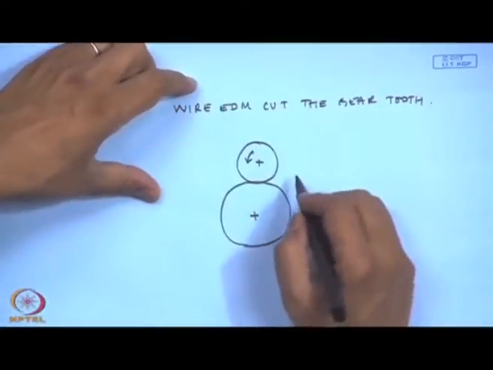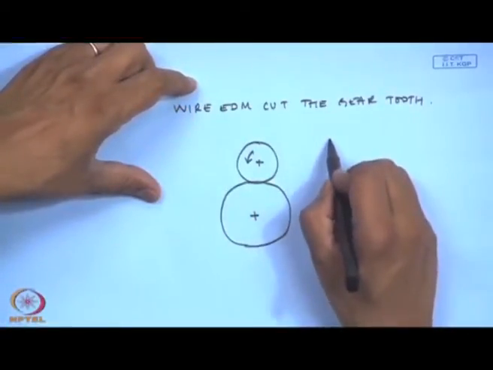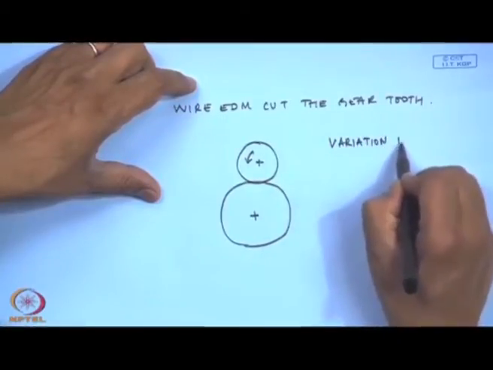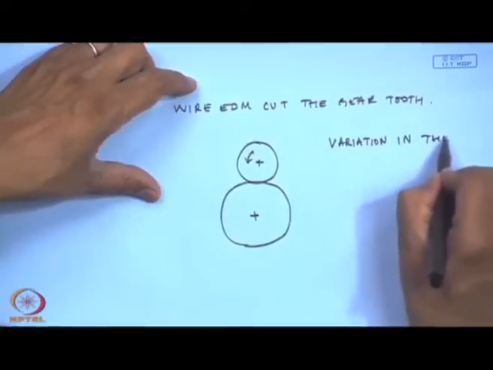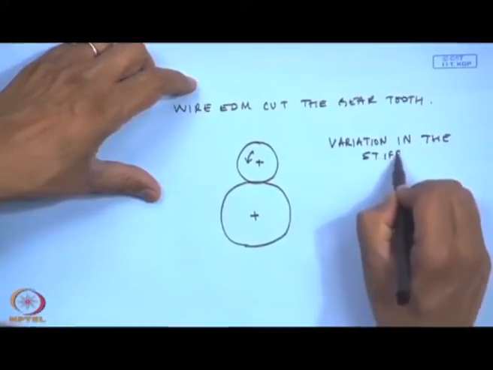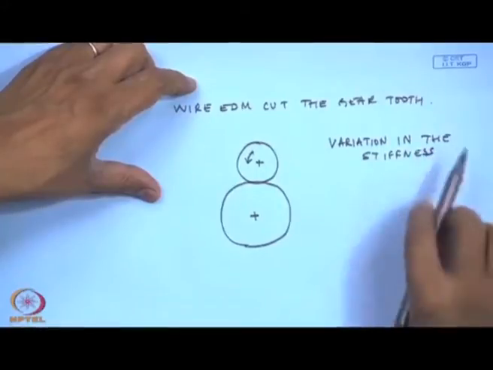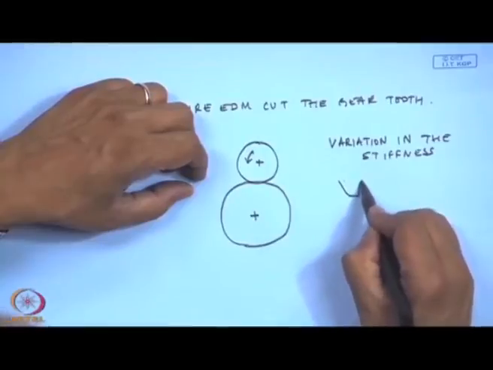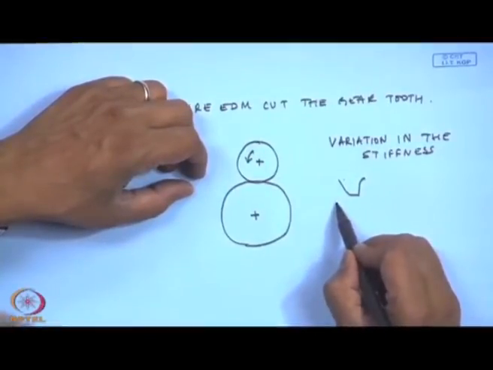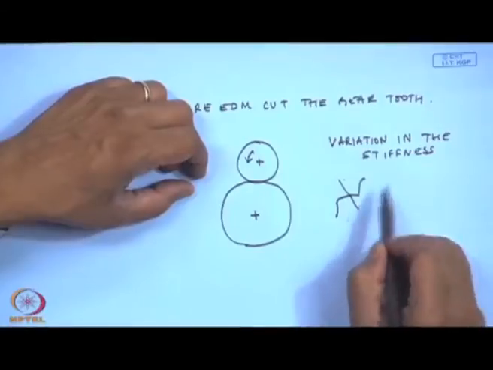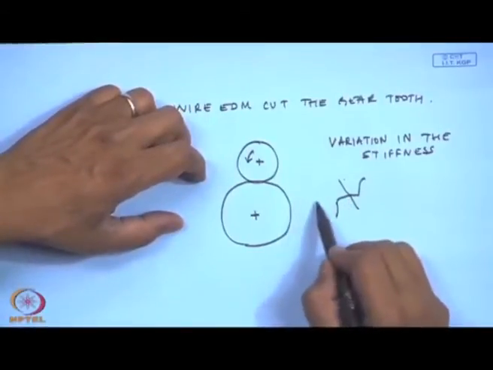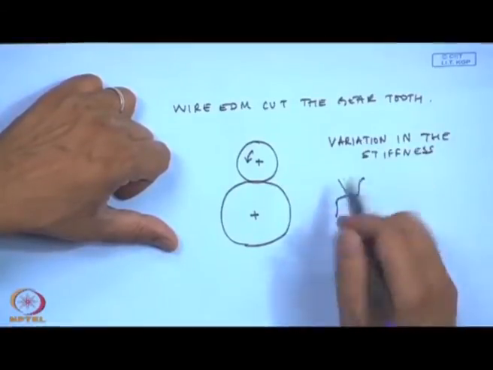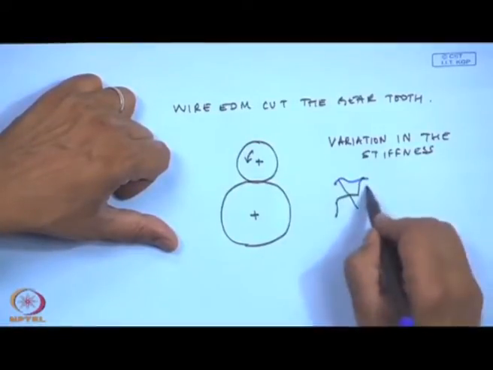okay, there is always a variation in the stiffness. By stiffness I mean, you can imagine, one tooth making contact with one tooth, it would have left, and then the other tooth will come up. But imagine if suddenly one of them is absent.